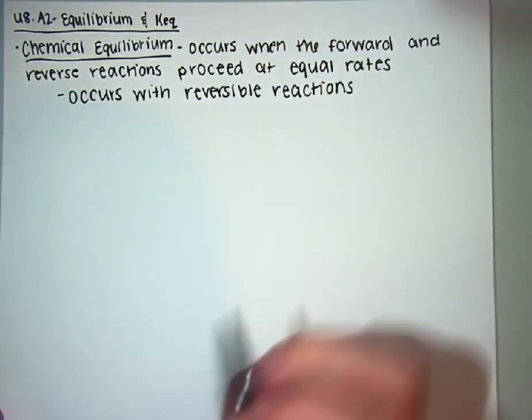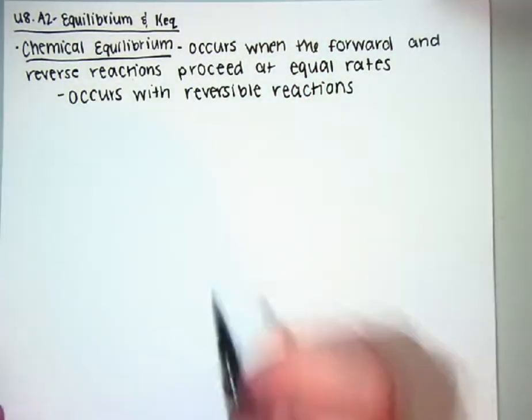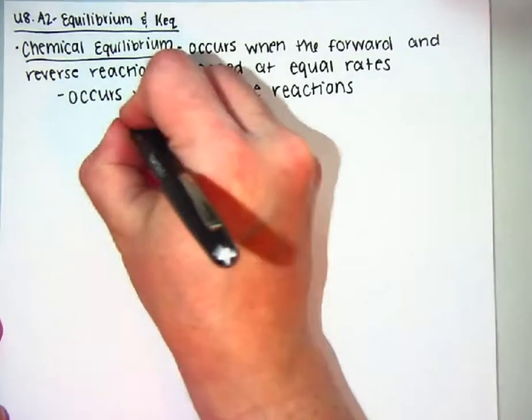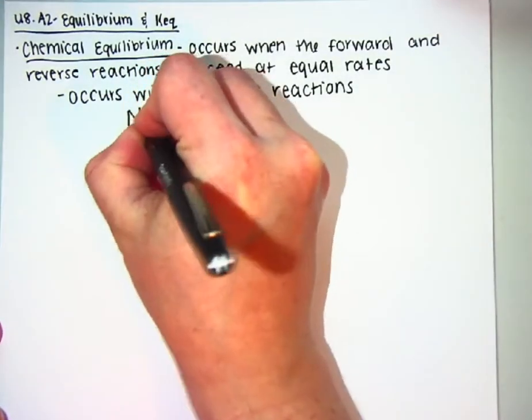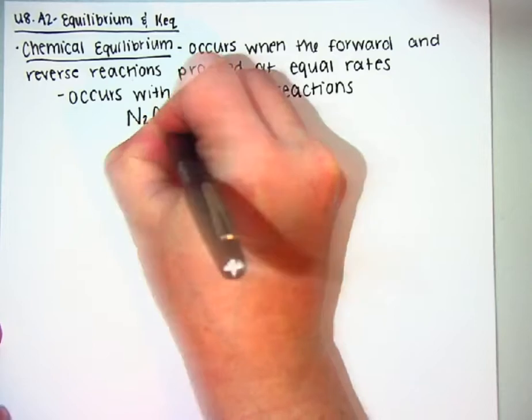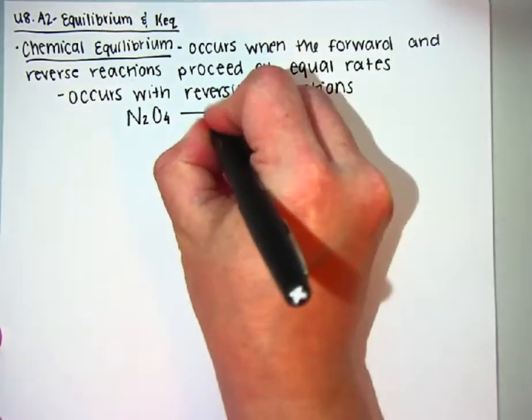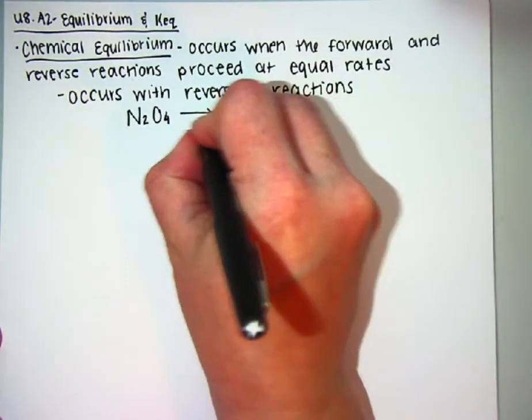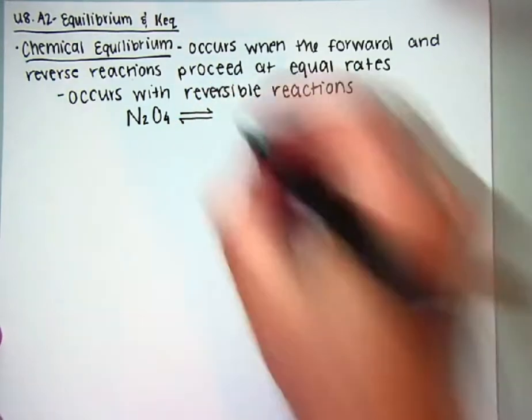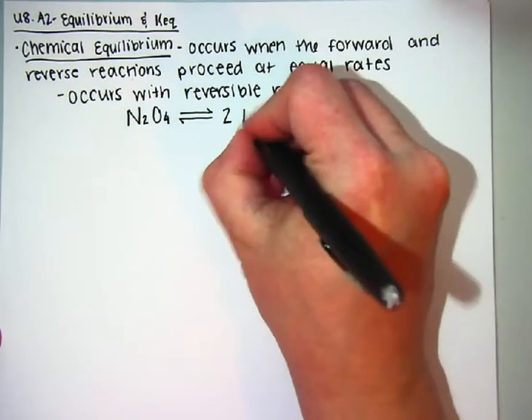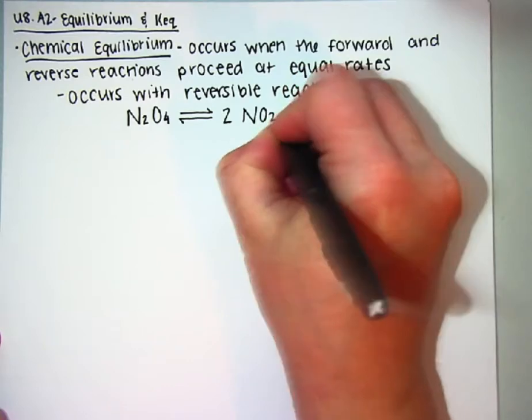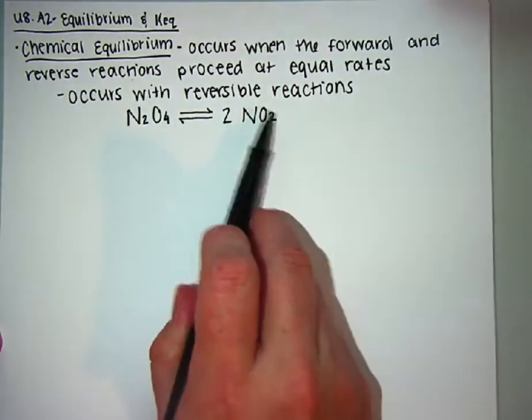The way that you can identify a reversible reaction is it's going to have either two arrows, one pointing forward or one pointing back, or like a double-headed arrow. So this is a reversible reaction, and it means that it can proceed either way.